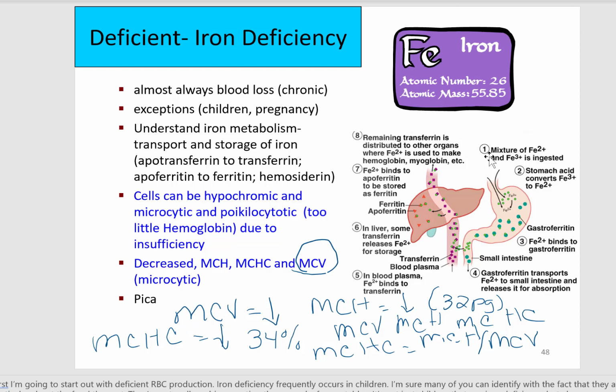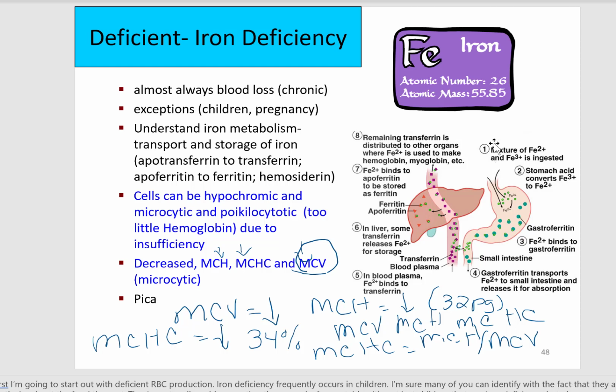MCH is a mass, picograms. MCV is in units of volume, cubic microliters, cubic microns, for example. In this disease category of iron deficiency, all three are down.